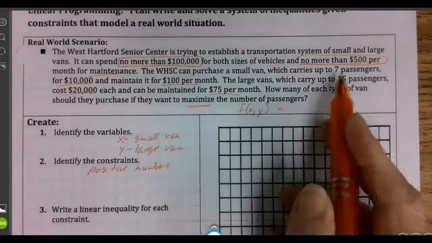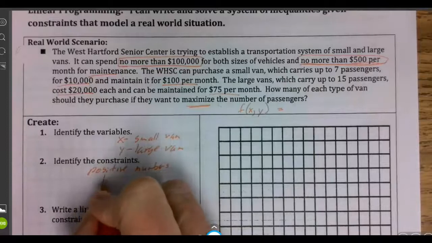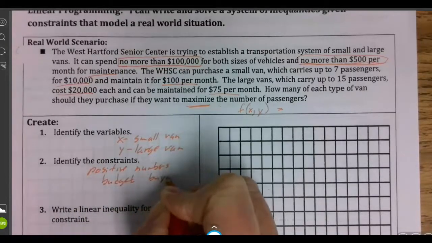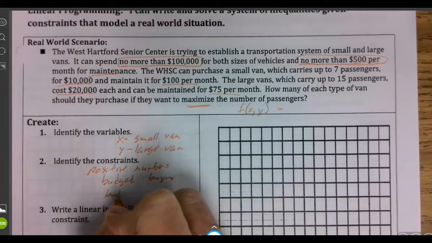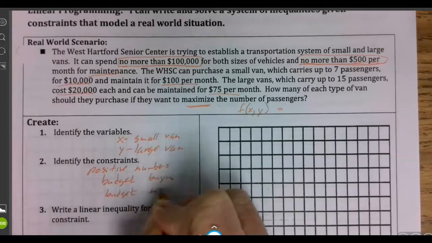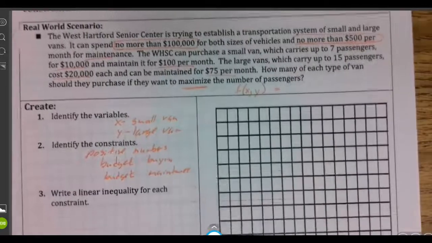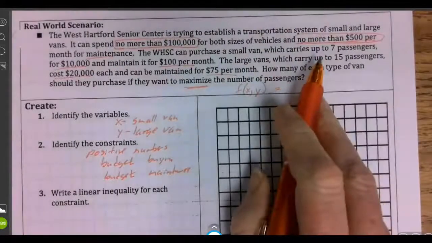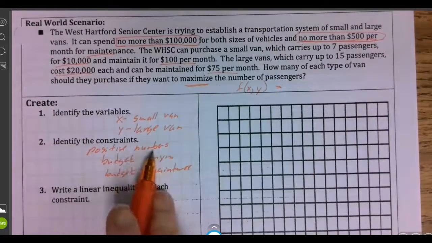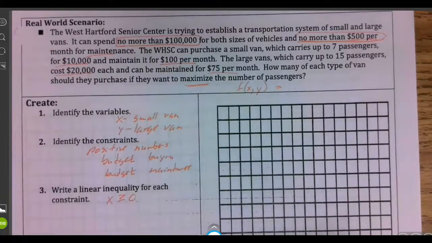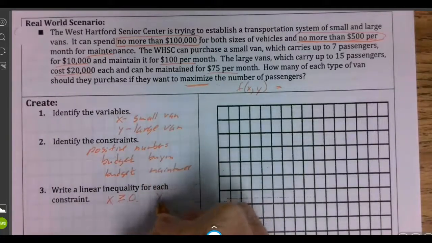One of our other constraints is our budget for buying it and our budget for maintenance. Now we're going to write inequalities based off this word problem. So if they're all going to be positive numbers, that means that x, the number of small vans, has to be greater than or equal to 0, and y is greater than or equal to 0.